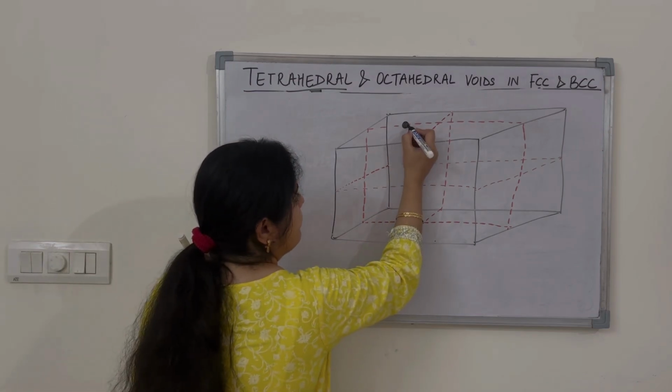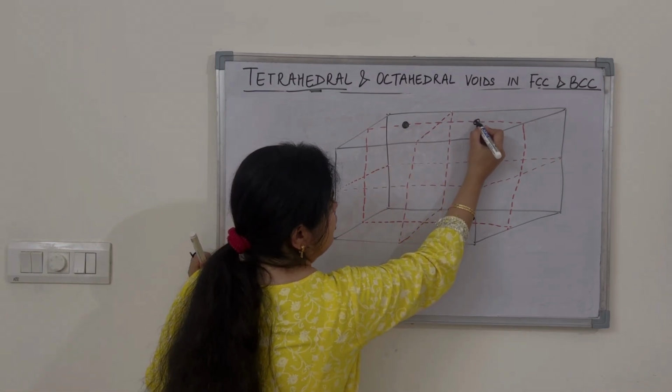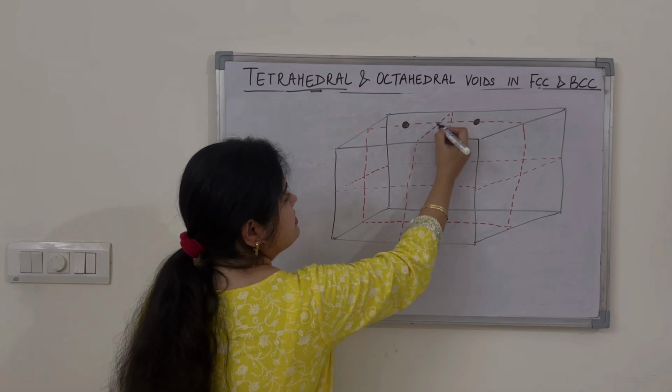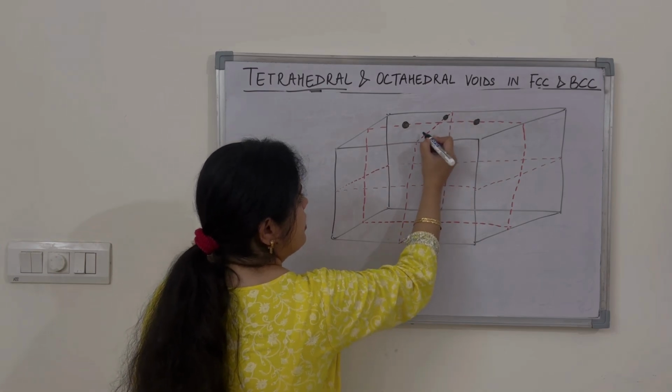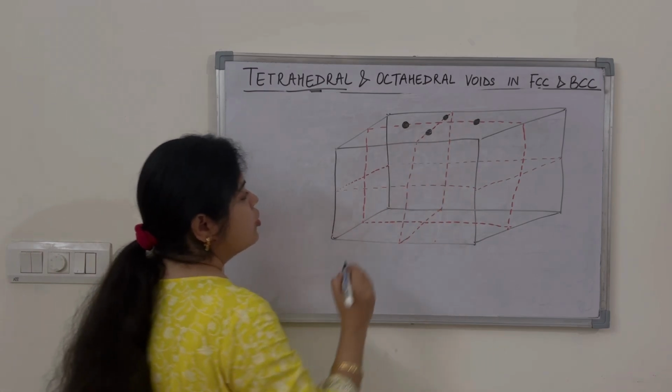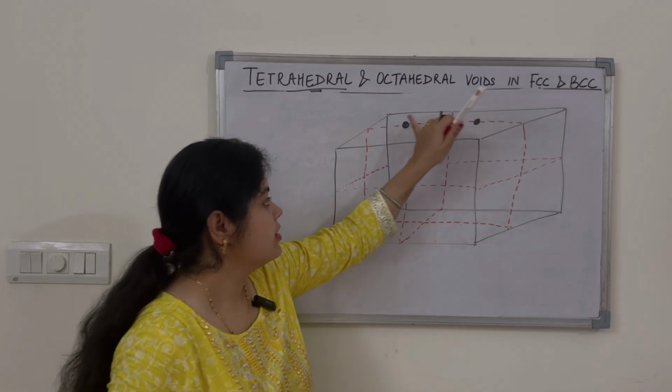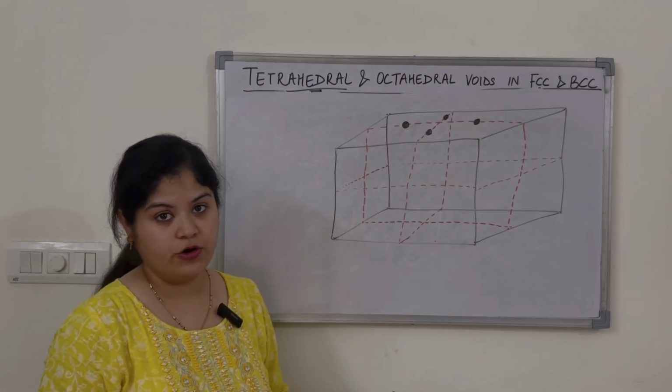So parallel to this, we have one void here, similarly one here and one here. So on one face, we have 4 tetrahedral voids.